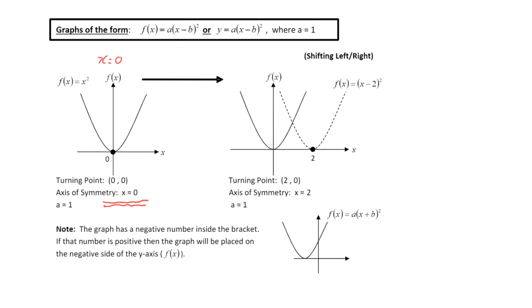Now, what we want to look at are the two possibilities where we have a shift along the x-axis. So as you can see in the diagram to your right, f of x equals x squared shifts to the right by 2. And at the beginning, we were looking at graphs of the form f of x equals a(x minus b) squared, or y equals a bracket x minus b squared.